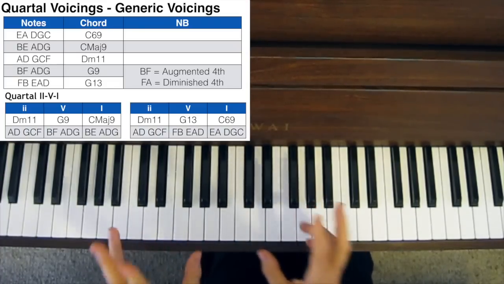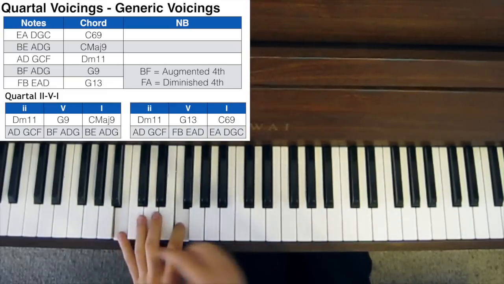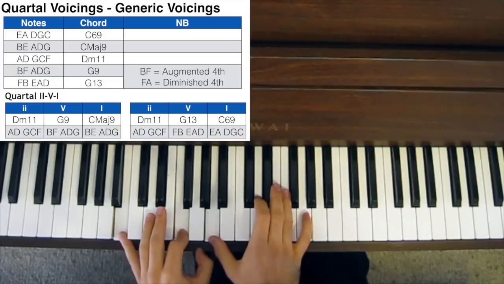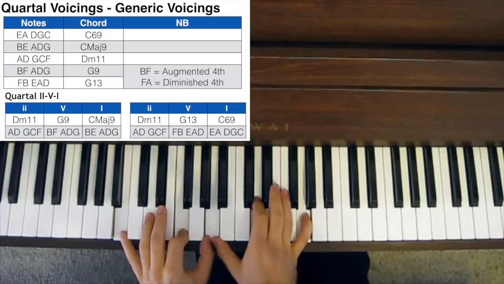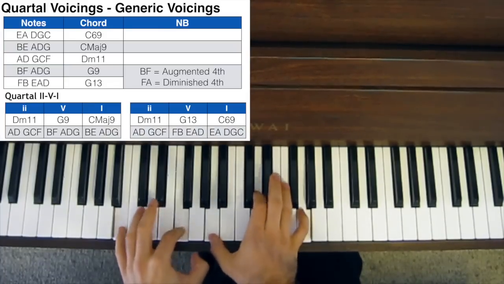However, this is still considered a quartal chord voicing because we're cheating a little bit. The tritone is actually an augmented fourth, and the major 3rd is actually a diminished fourth. So the perfect fourth, but down a semitone.